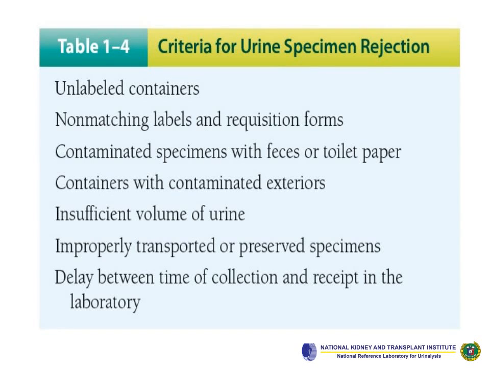It should be emphasized that each lab must have a written criteria for rejecting specimens, such as this. A specimen is rejected if it is unlabeled, it has non-matching labels and request forms, visible contamination, insufficient volume, improperly transported or preserved, and if there is a delay between time of collection and receipt in the lab.